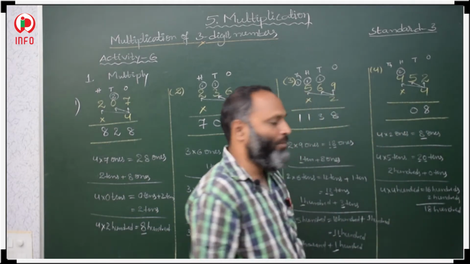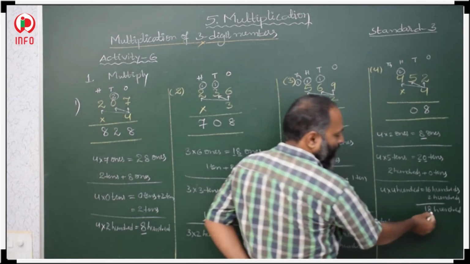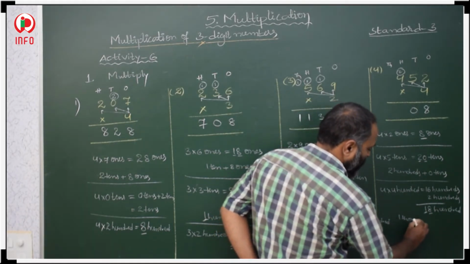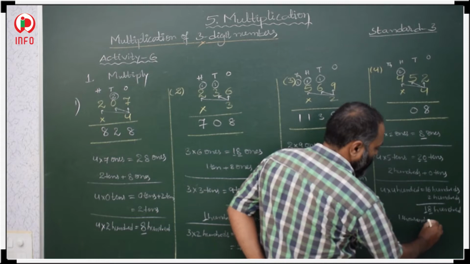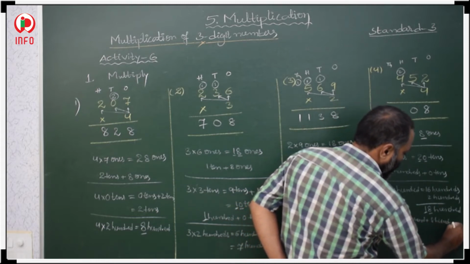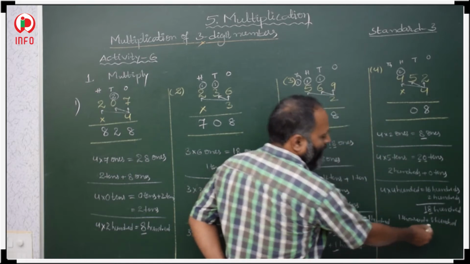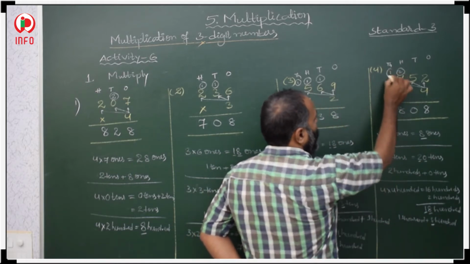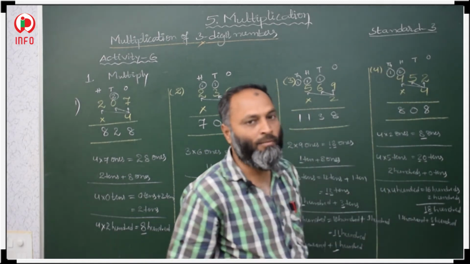18 hundreds means 8 hundreds and 1000, that is 1000 plus 800. So in hundreds place we write 8, and in thousands place we take carry over 1.